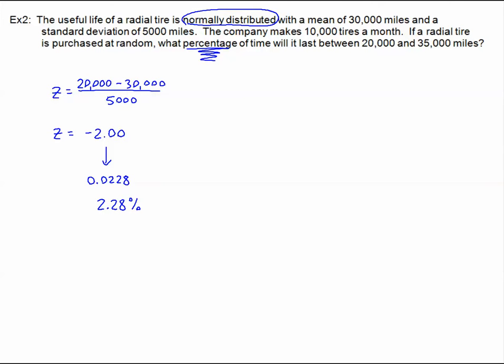Now let's do the same thing, but with 35,000 miles. So a different z-score. Z-score is going to be 35,000, take away our 30,000, which is our mean, divided by our 5,000, which is our standard deviation. Doing this math in our calculator, actually that's not too difficult, I can do that in my head, it's 1.00. So there's our z-score there. Let's correspond that using our chart.